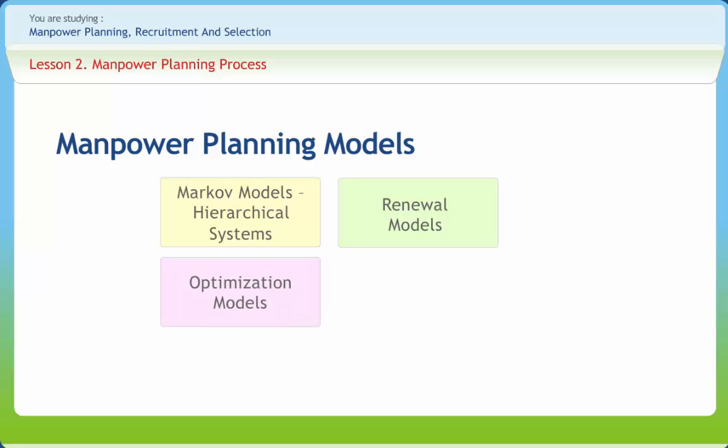Optimization model combines the forecasting of manpower availability and the matching with manpower requirement. Here, usually a finite horizon is chosen. Here, a number of goals are established which the decision maker desires to achieve. Such goals may be minimum total salary costs, avoiding overemployment, maintaining certain employment of minorities.